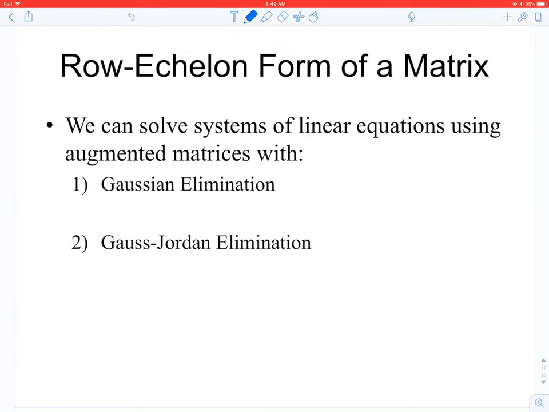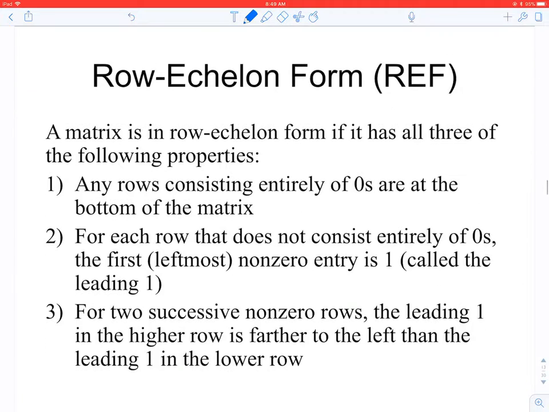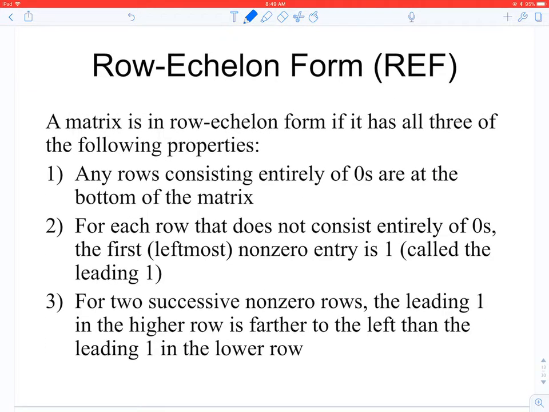Okay, so we can solve systems of linear equations using augmented matrices with Gaussian elimination or Gauss-Jordan elimination. This first video is going to focus on Gaussian elimination. The goal of Gaussian elimination is to get our augmented matrix into row echelon form, which can be abbreviated as REF.